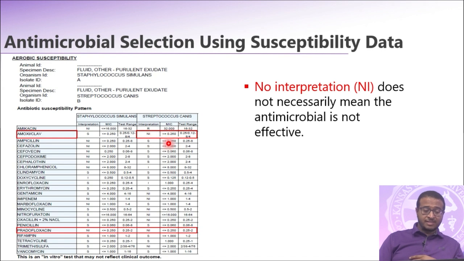However, the MIC is less than or equal to 0.125. That does not mean that amoxicillin clavulanic acid will not work against this streptococcus isolate from this specific sample. It simply means that we don't have the in vitro and in vivo data and the breakpoints to make this judgment about the susceptibility profile.